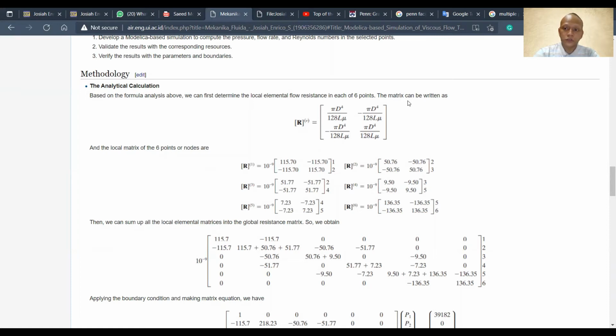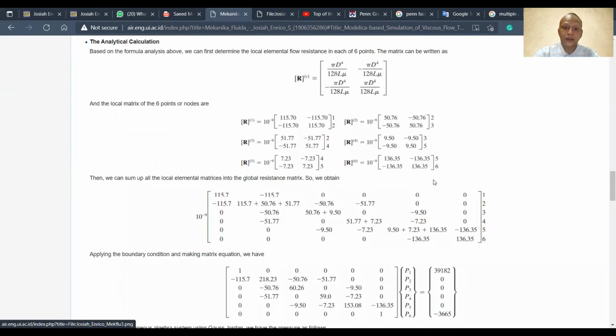We're going to use this equation to calculate the resistance of each pipe, so we're going to have R1 until R6. After we have calculated all those numbers, we're going to sum them up into one single global matrix, like this one.